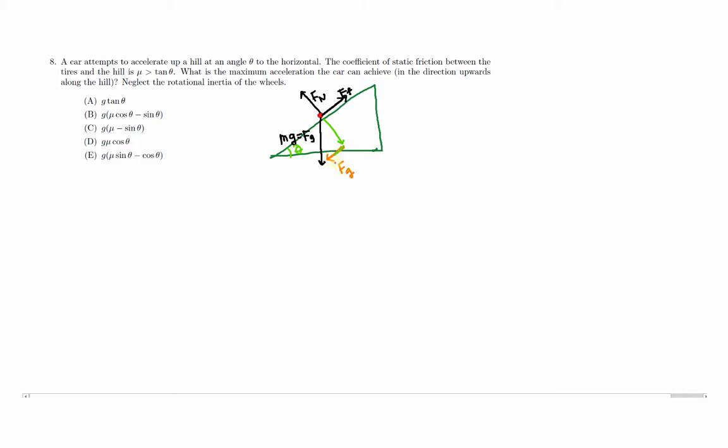This is going to be our corrected version. Why? Because instead of x and y as drawn, I'm going to make the motion along the plane the positive x, and the perpendicular to that the positive y. That makes our calculation much easier.